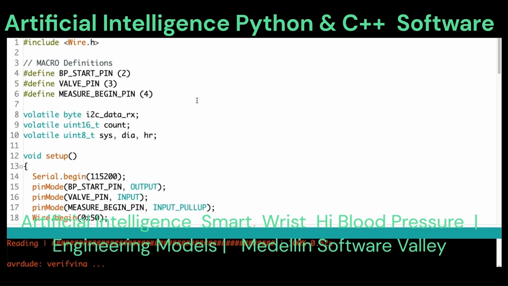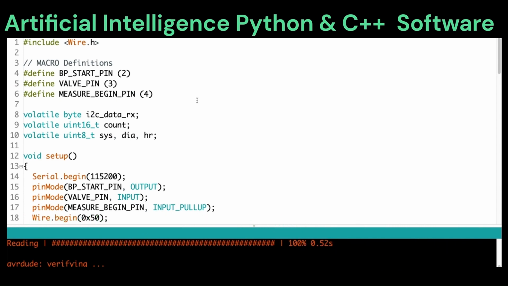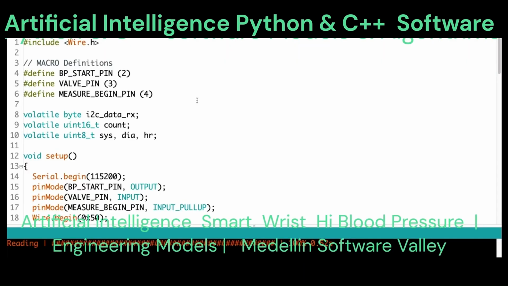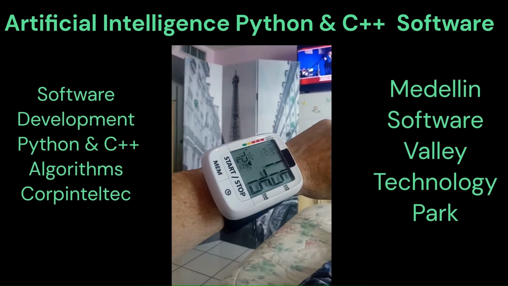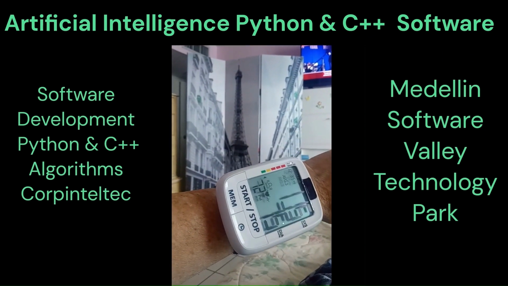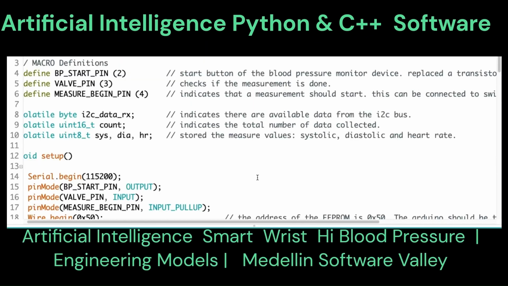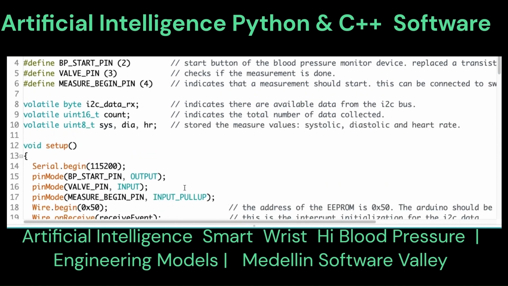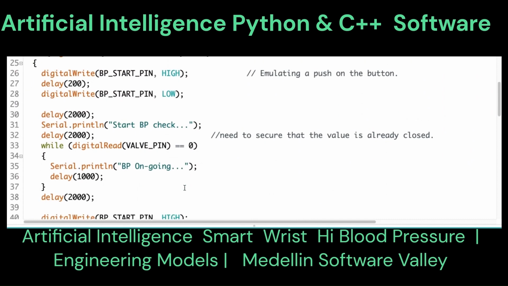The software methodology for the blood pressure unit includes the Wire.h file, which is the I2C library for the CPU board. It also includes the bus interface. So define the macros.